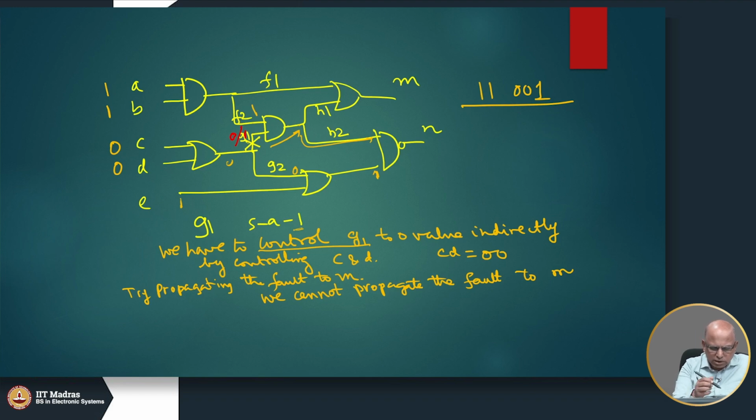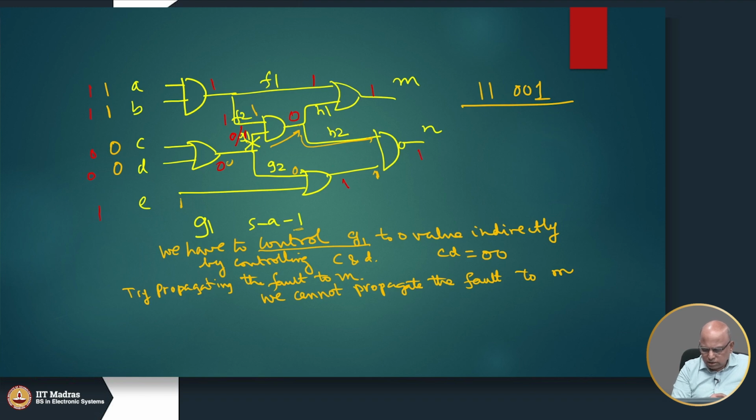Let us verify this. I apply 11001 and simulate the circuit. 1 1 here will produce a 1, that 1 will come here, that 1 will go here, this will cause a 1, this will cause a 0 here and this will cause a 1 here, it will cause a 0 here and it will cause a 1 here.